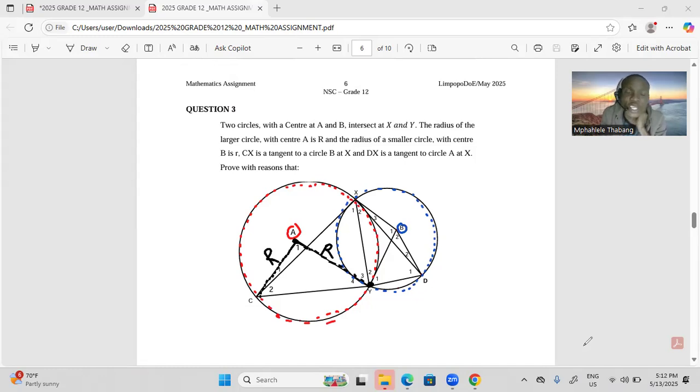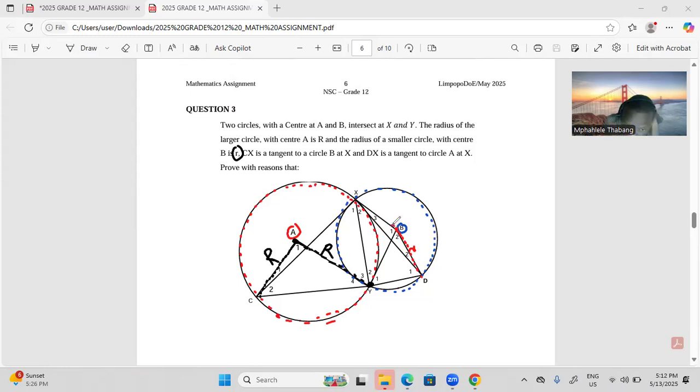So they are saying we can represent those radii with capital letter R. And the radius of the smaller circle with center B is denoted by the small letter r. So we can say the distance from B to D, we can think of it as small letter r because it's the radius of the small circle.